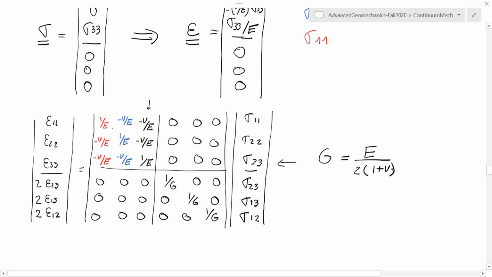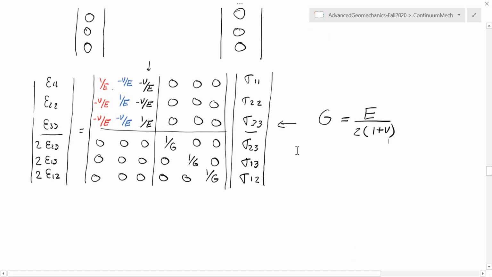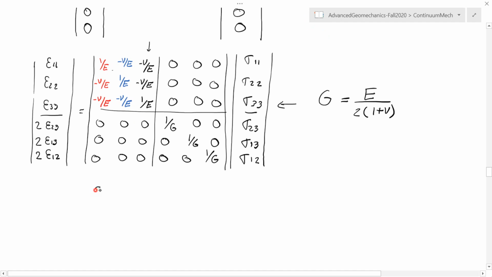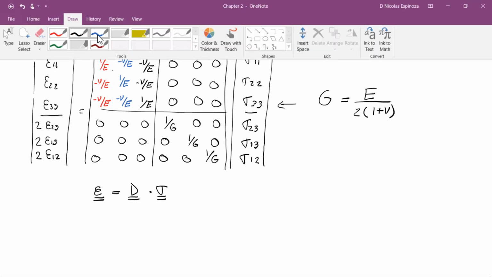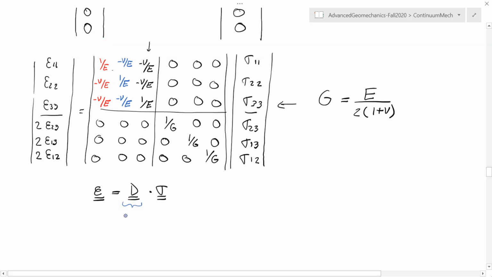So at the end of the day, look where we have got. We have a relationship between strain and stress, and the matrix that links these two is what is called a compliance matrix. Notice that it has the units of 1 over stress or 1 over pressure.